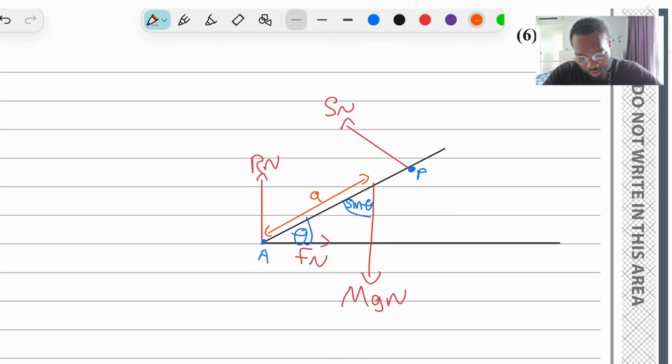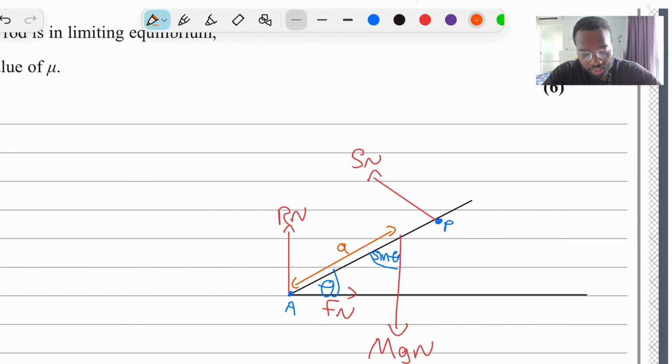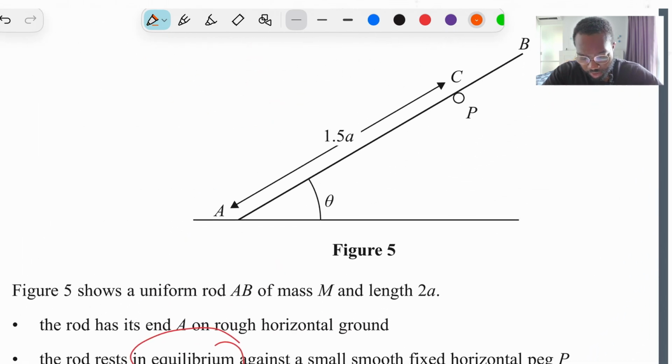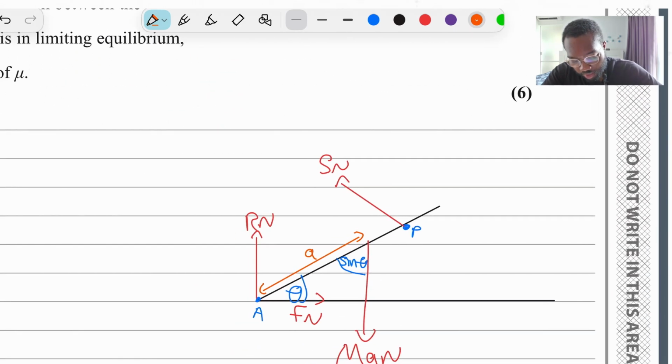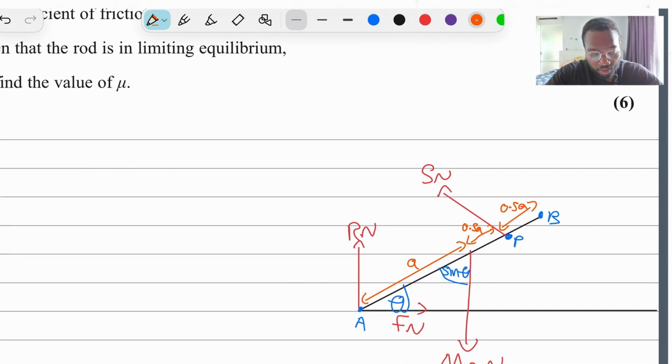Therefore, from A to C is 1.5a, so from this to this is going to be 0.5a. And this is our B, which will also just be 0.5a as well. So now we have everything we need to work out the first question.